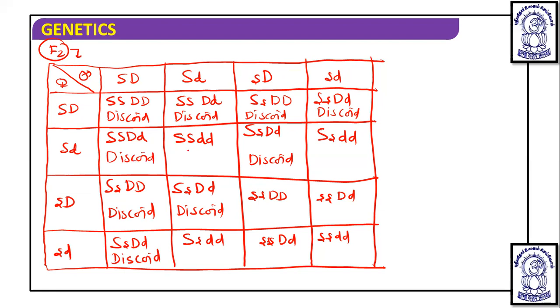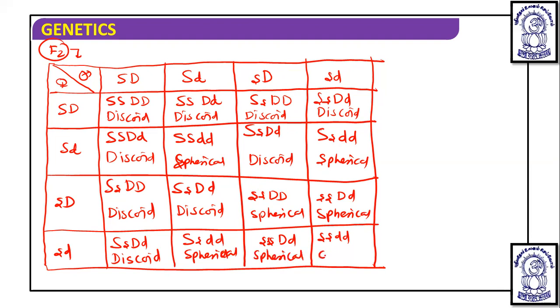Why? Because when only capital S is dominant, it is spherical. When only capital D is dominant, then also it is spherical. But when both are recessive, then it is cylindrical.